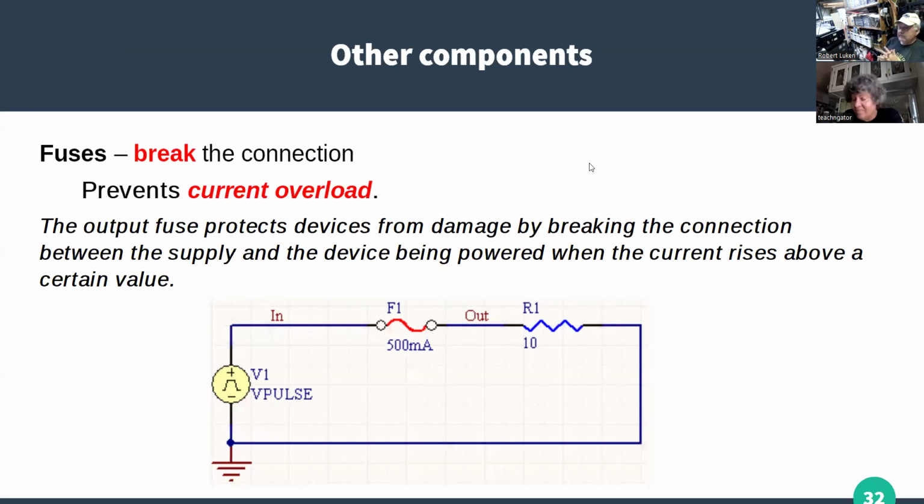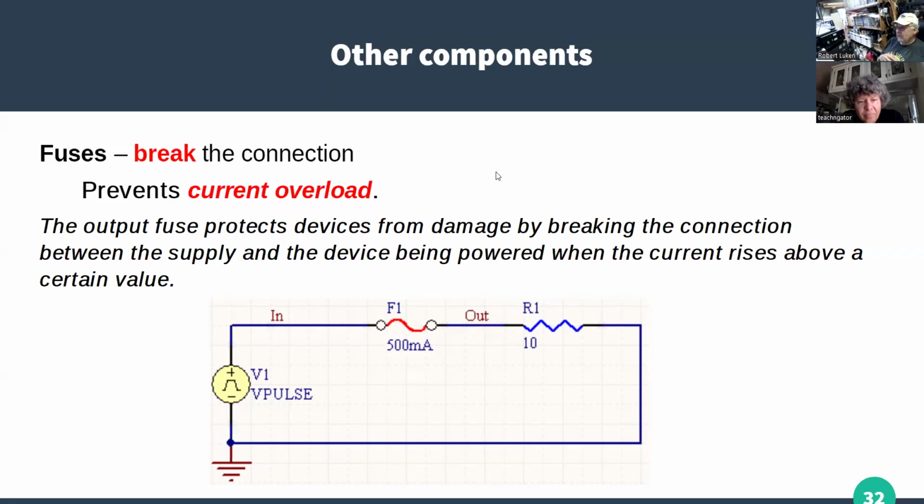Fuses. Fuses are designed to open a circuit when a certain amount of current flows through it. They're rated in, like, half an amp, 1 amp, 2, 10, whatever. Lots of different values. There's even pico fuses that you can have inside circuits, which operate at very low currents when you're trying to protect some very delicate electronics.